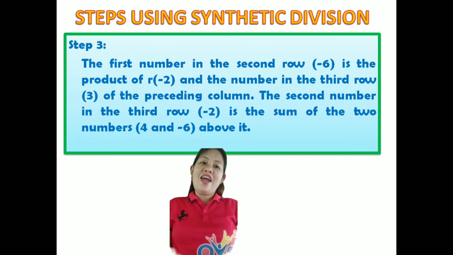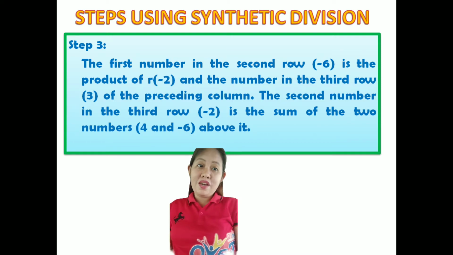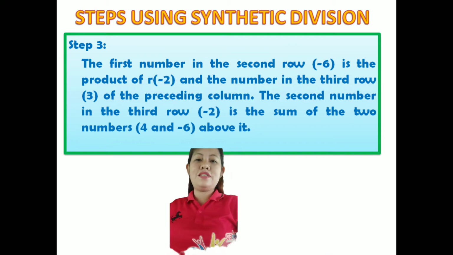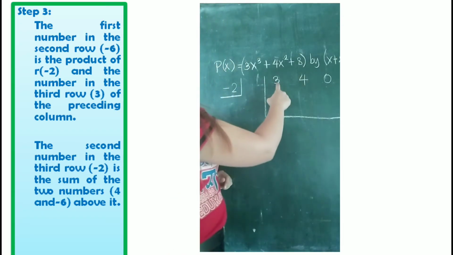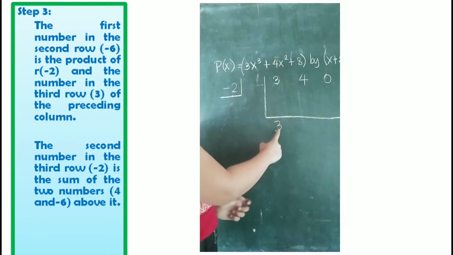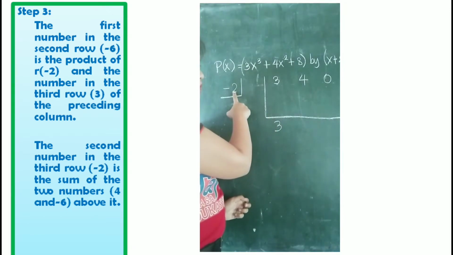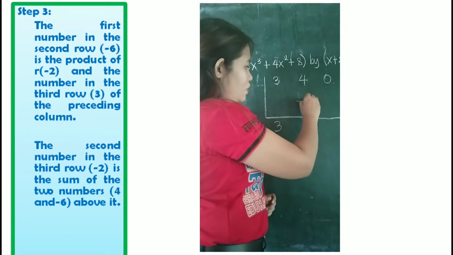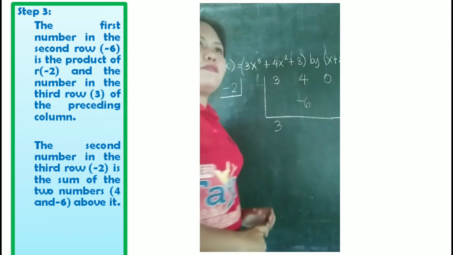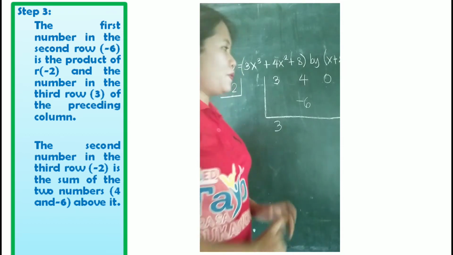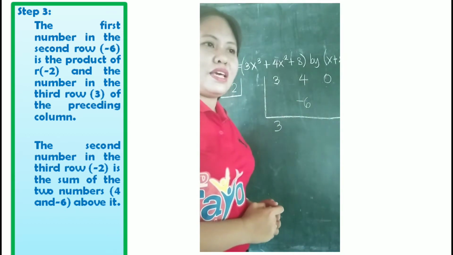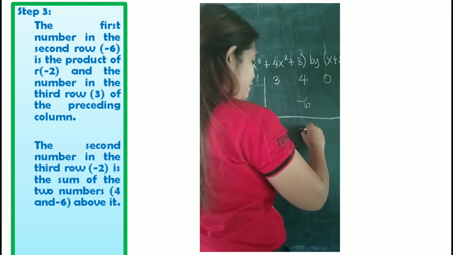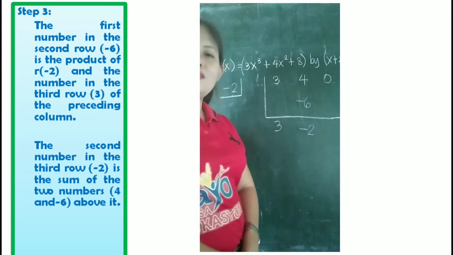So the second number in the third row, negative 2, is the sum of the numbers 4 and negative 6 above it. Okay, bring down 3. 3 times negative 2 is negative 6. So where do we put it? We put it under the second coefficient. And then the operation you are going to use is addition. So, add 4 plus negative 6, we have negative 2.